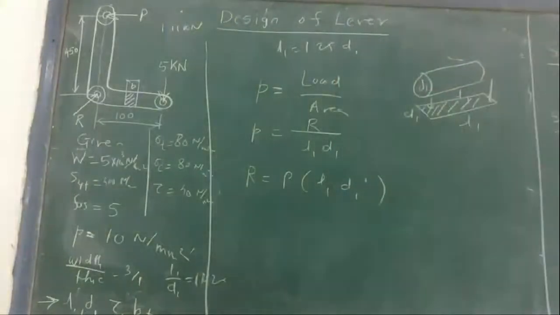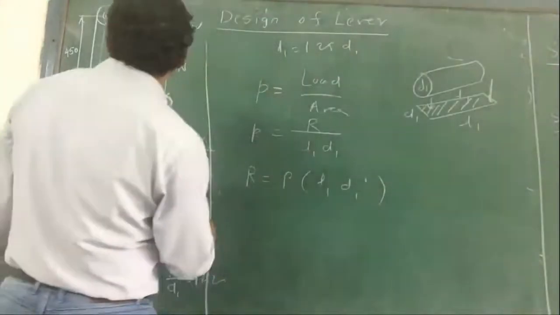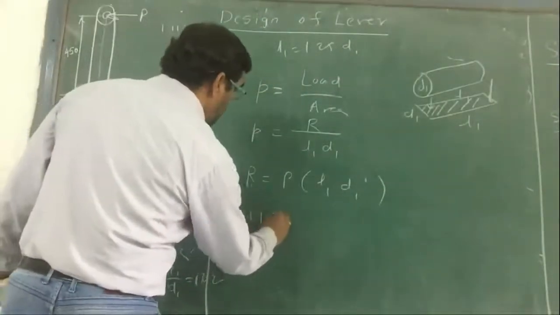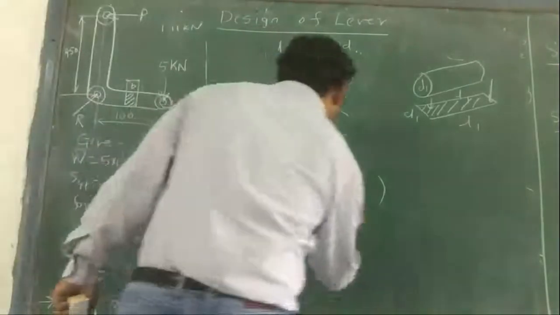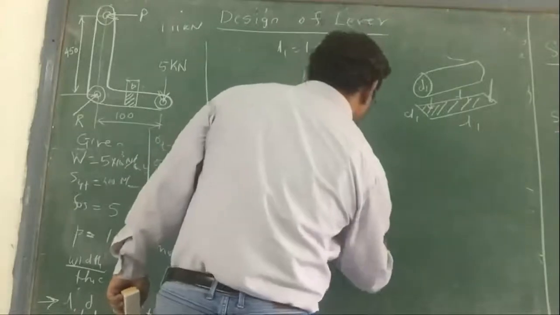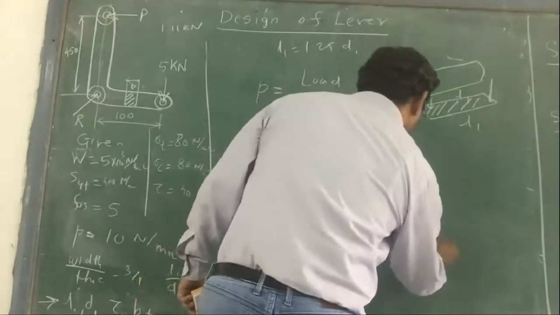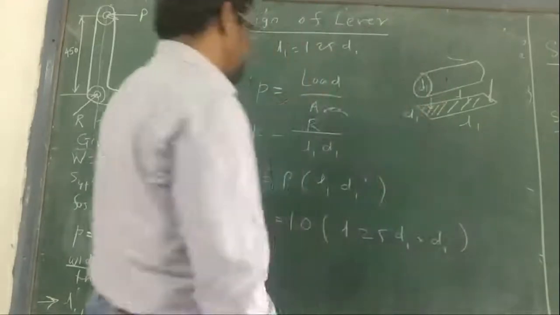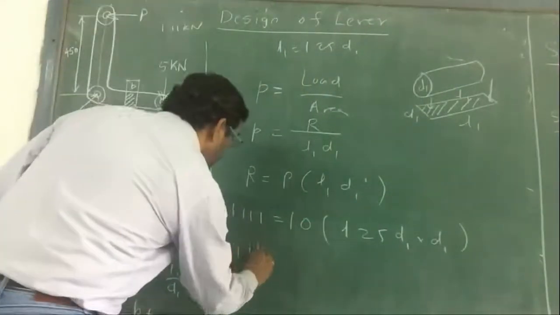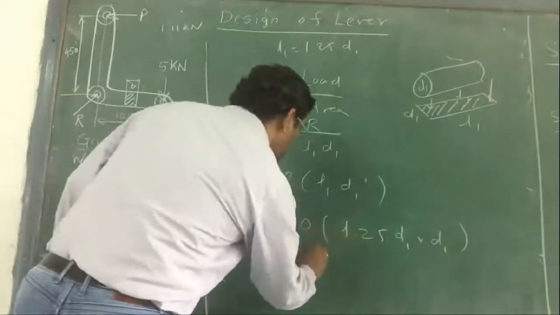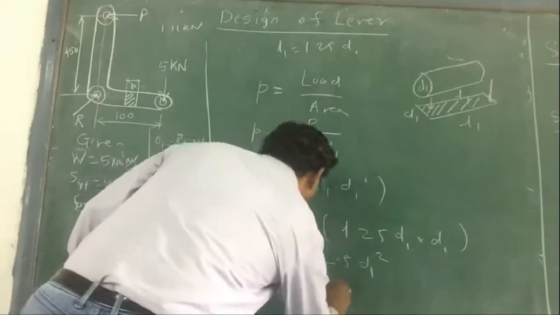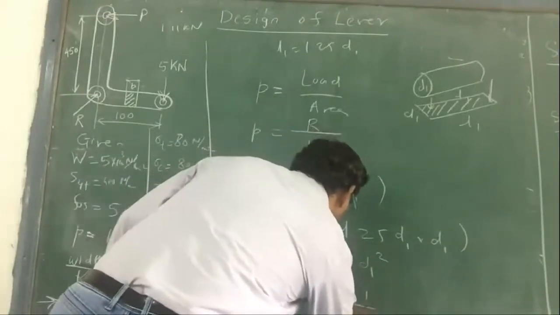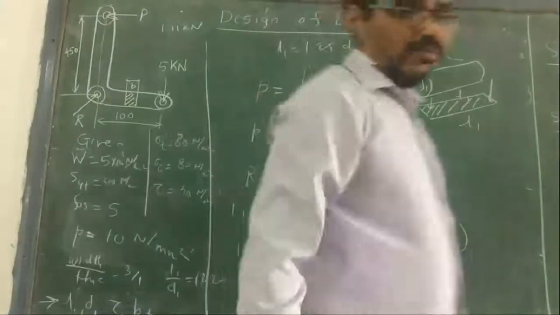Using this formula we can now calculate the dimensions. We know R is 1111, right? P is given as 10 Newton per mm square. L1 is 1.25 times D1, into D1. Are you getting it? So basically 1111 equals 1.25 into 10, which is 12.5 D1 square. So D1 is equal to the root of 1111 divided by 12.5. Let me just verify.